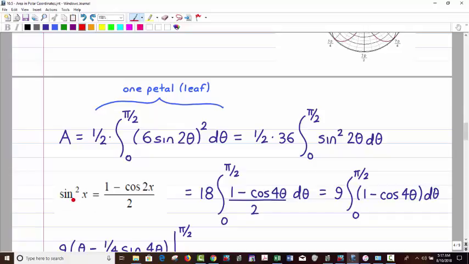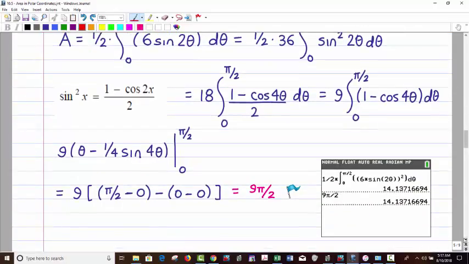So sine squared of 2 theta will equal 1 minus cosine of 4 theta all over 2. So the 1/2 times 36 makes 18, and dividing by the 2 that I bring out will be 9. So then I'm integrating just 1 minus cosine of 4 theta. Antiderivative of 1 will be theta. Antiderivative of cosine of 4 theta will be 1/4 sine of 4 theta.